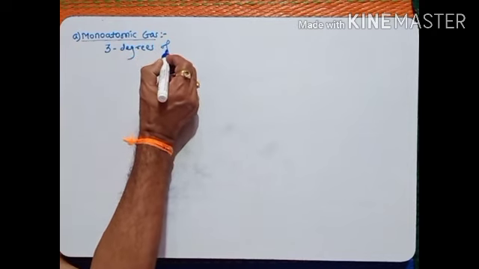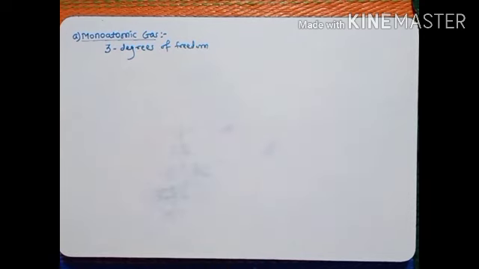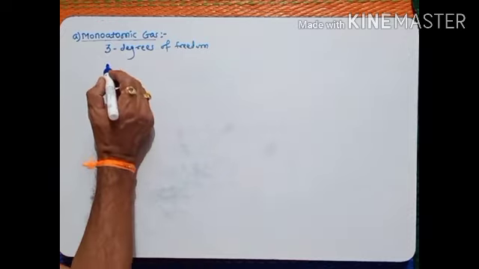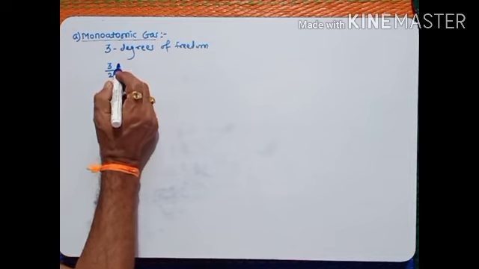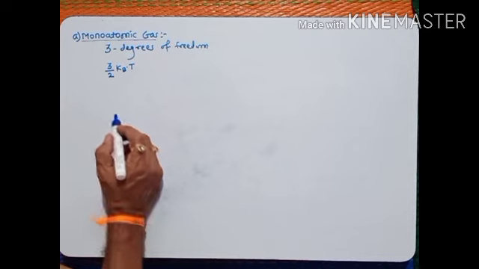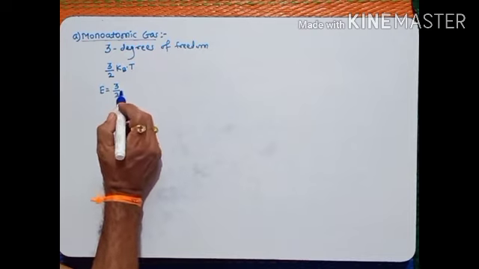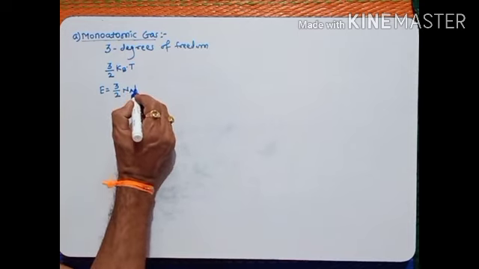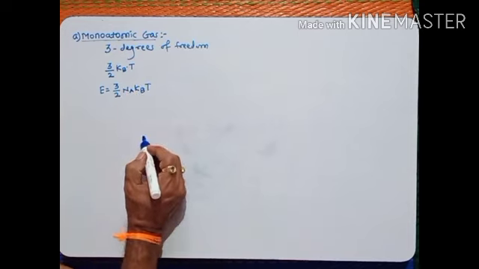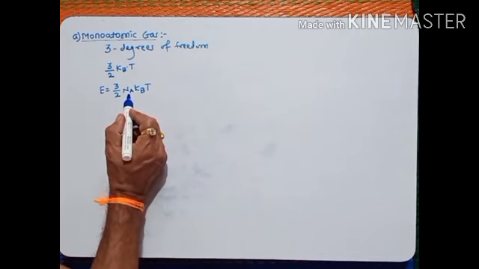3 degrees of freedom. That means total kinetic energy is divided in 3 ways. Therefore, average energy per atom we can write as 3 by 2 kb into T, or E is equal to 3 by 2 Na kb into T, where Na is number of atoms.